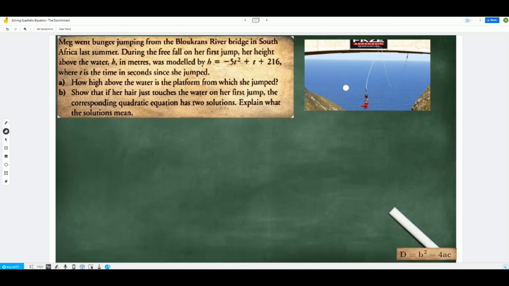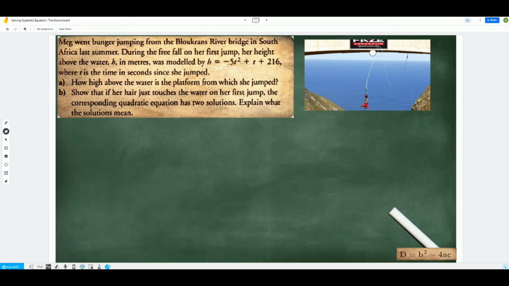Okay, here is a graph already, right? So this is a bridge, this is a platform, she's ready to jump. This is the water surface, right? Look at it, her hair touches the water surface, right? The question asks how high above the water is the platform from which she jumped. How high means from here to here. Actually, when she's standing here, it should be t equals 0, right?